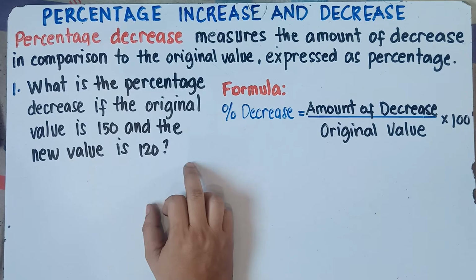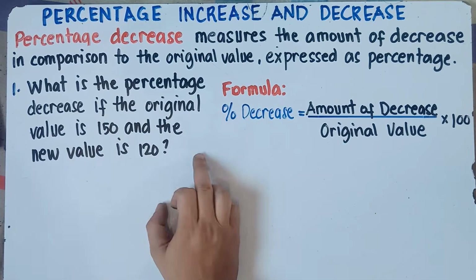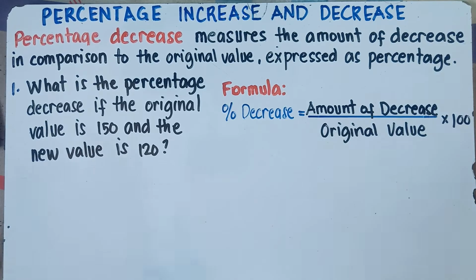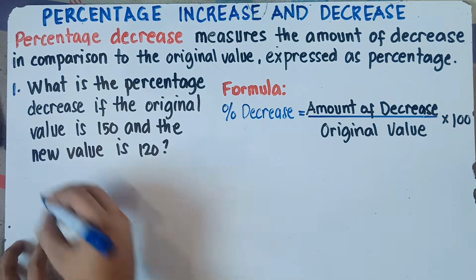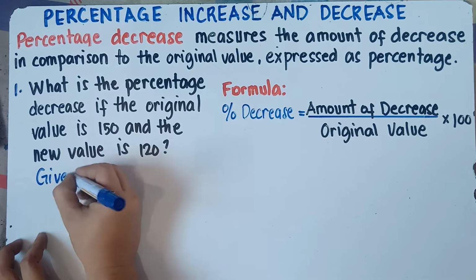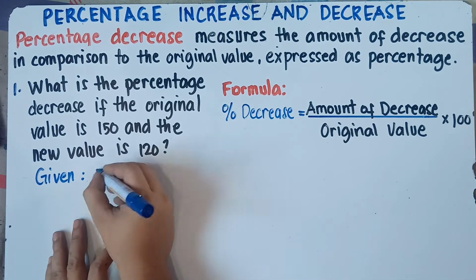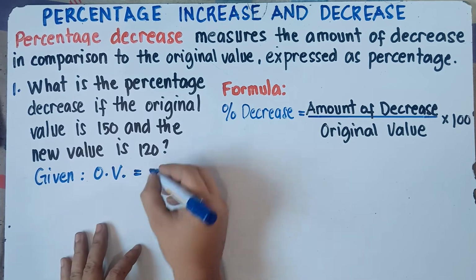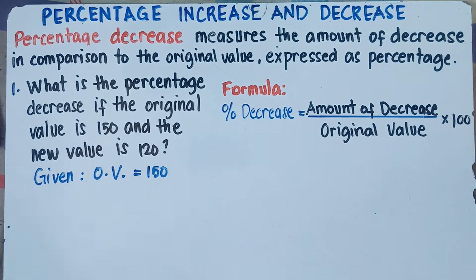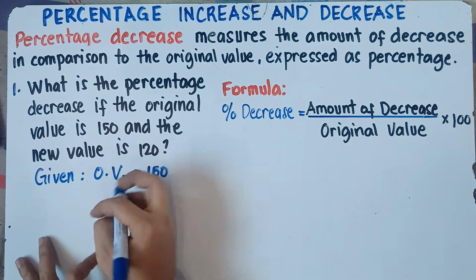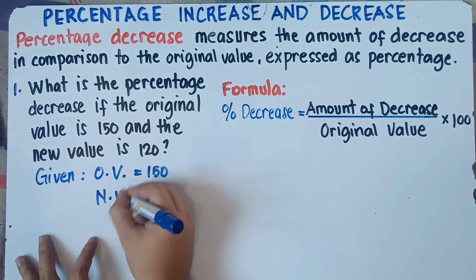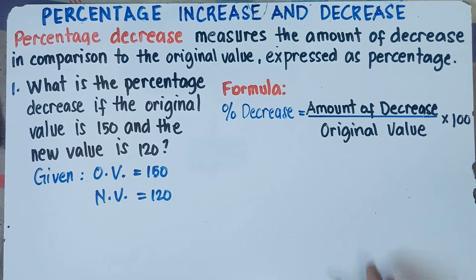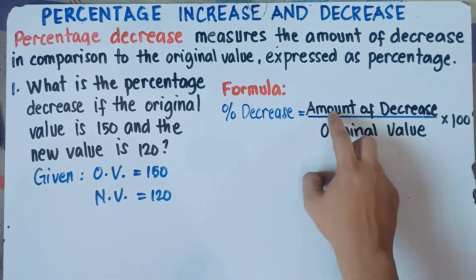Once again, let's have example number 1 for us to understand this one. What is the percentage decrease if the original value is 150 and the new value is 120? Once again, class, first step, you write down the given. We have the original value, OV, equal to 150, and the new value, that would be 120. For you to use the formula, you need to get the amount of decrease.